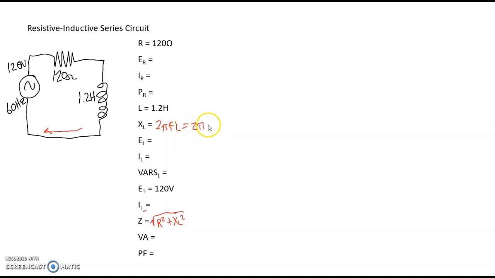Two pi times 60 times our 1.2 henries, and that gives us 452.4 ohms.